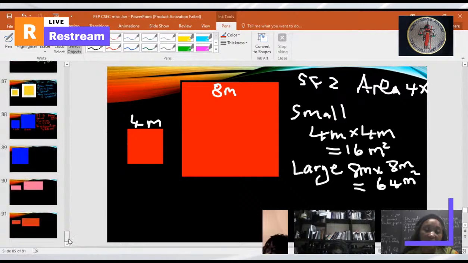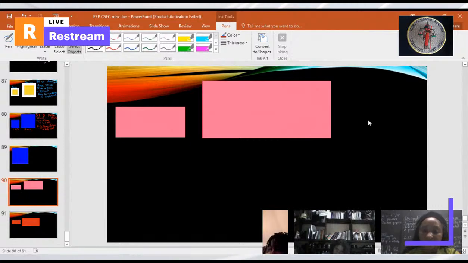Now I want to test it for other rectangles. I'm going to do 2 tests to see if it's the same pattern. Is it just the square, or does it also work for other types of rectangles?